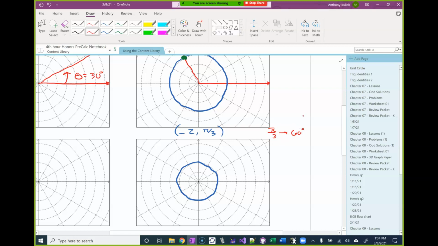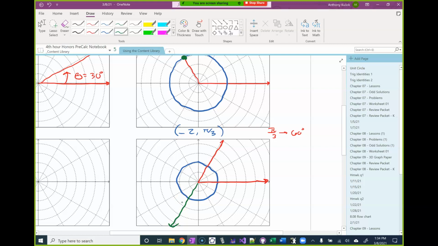Remember, how do we do that conversion? We multiply by 180 over pi, right? Converts radians to degrees. So 60 degrees would be here, right? But since it's negative, what we're actually going to be using is this end of it.